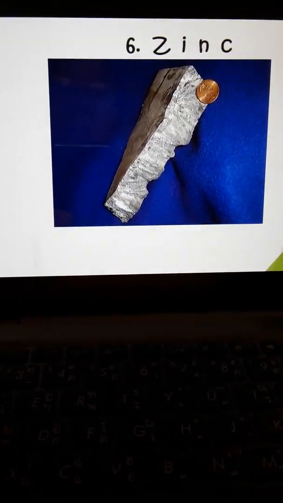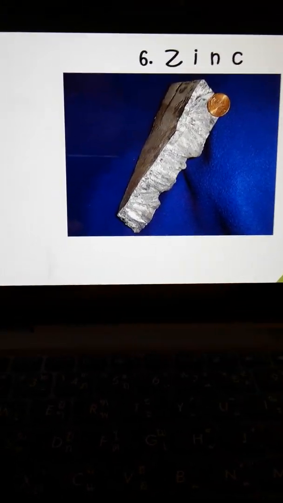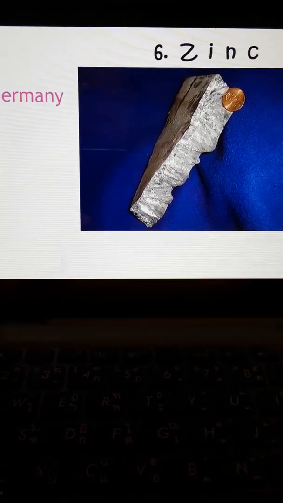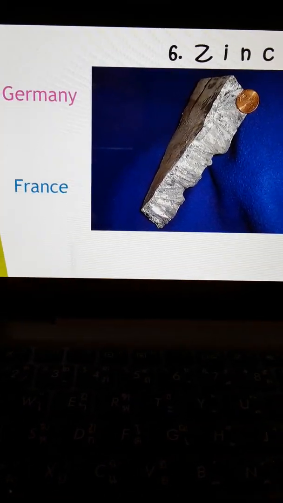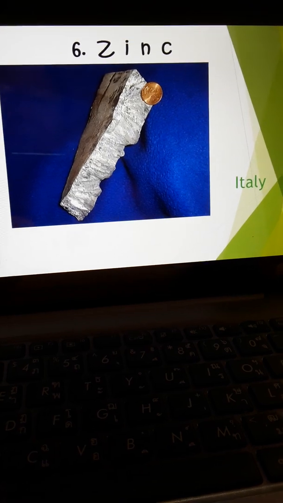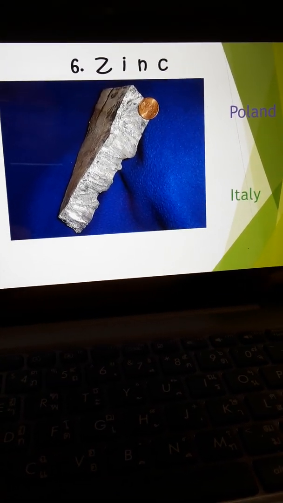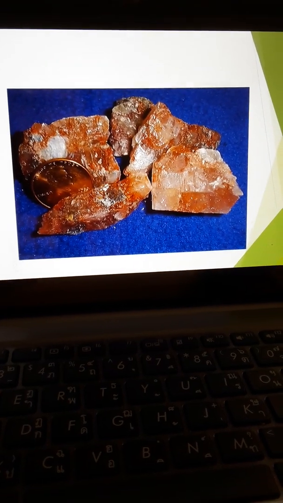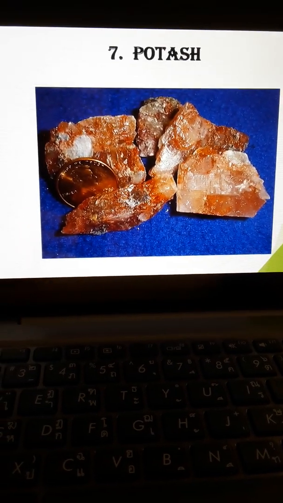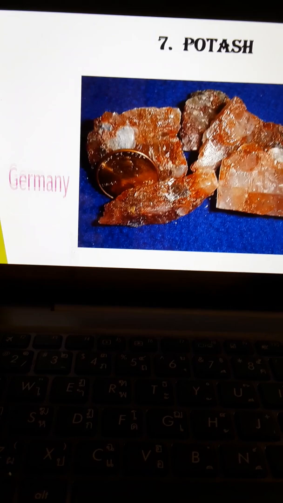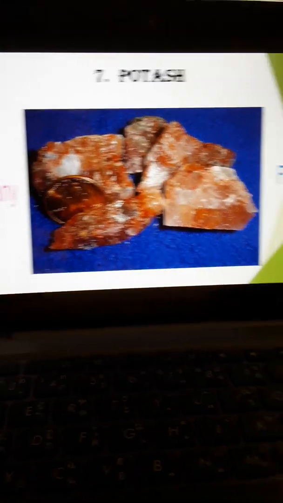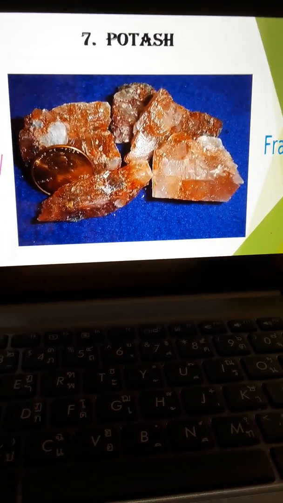They have zinc. This zinc is found in Germany, France, Italy, and Poland. Again, another mineral is potash. Potash is found in Germany and France again.